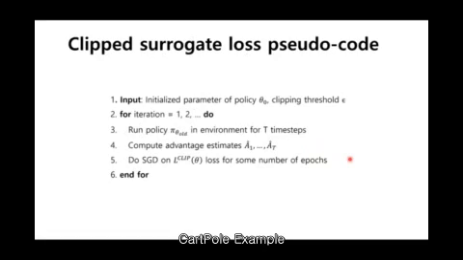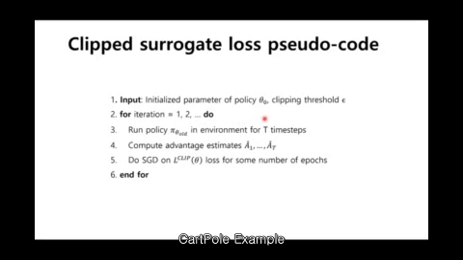Here is the clip surrogate loss pseudocode. The input of the algorithm is the initialized policy parameter theta old and the clipping threshold epsilon. For each iteration, we do the same as the adaptive KL penalty.